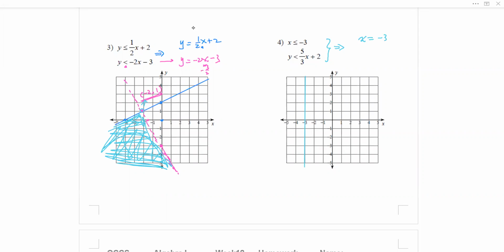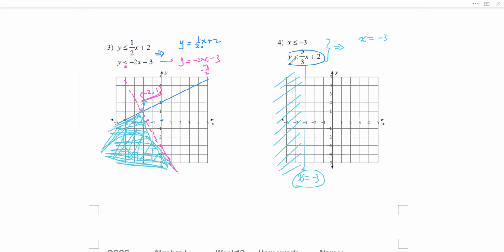This is less than, so it should be the left part of this line, including the solid line. So here is x equals negative 3. It's this one, right?